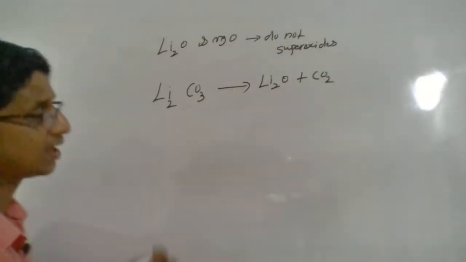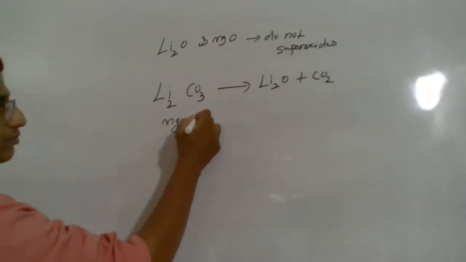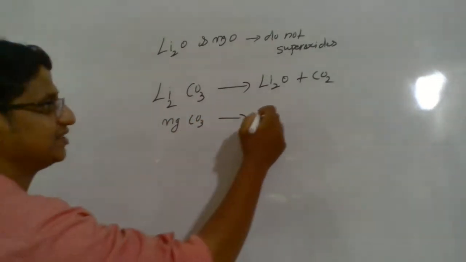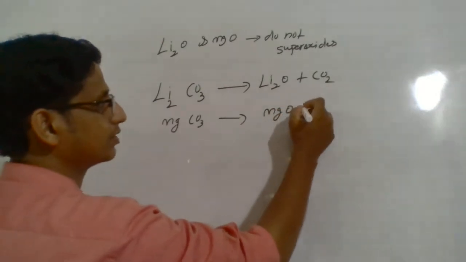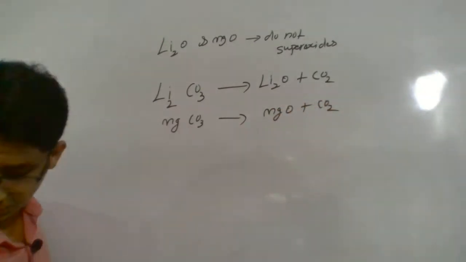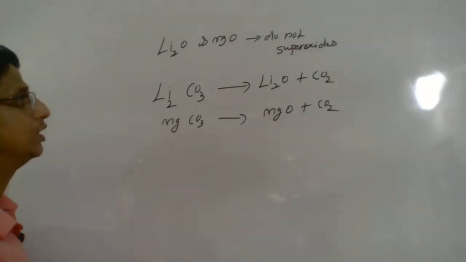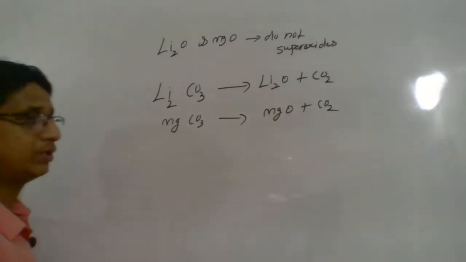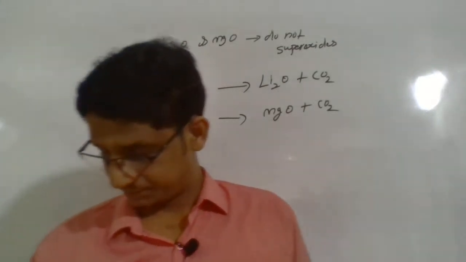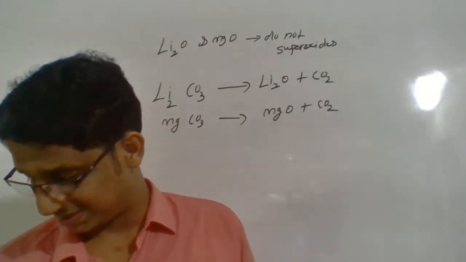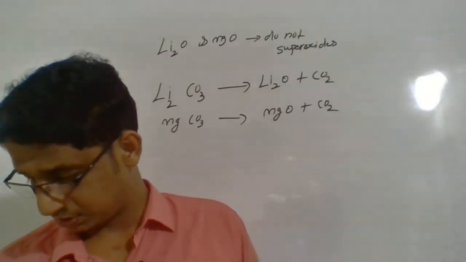Similarly, magnesium carbonate MgCO3, when heated strongly, gives magnesium oxide plus carbon dioxide. Balanced, it will be Li2CO3 giving Li2O plus CO2. So both lithium carbonate and magnesium carbonate easily decompose on strong heating.